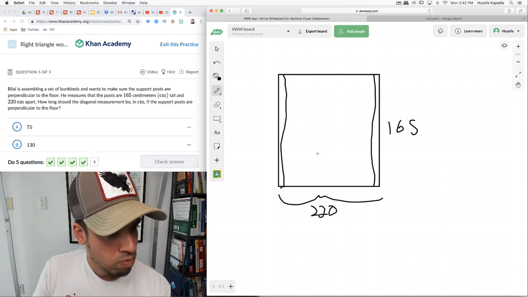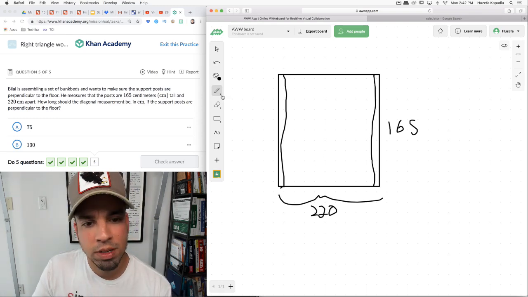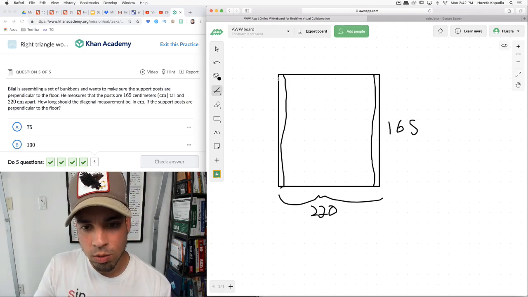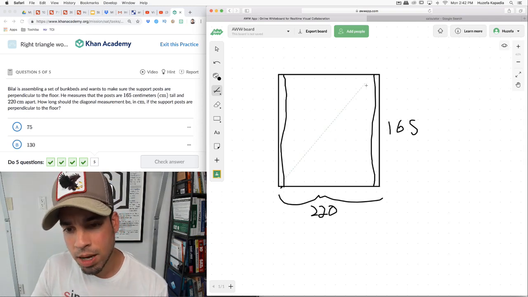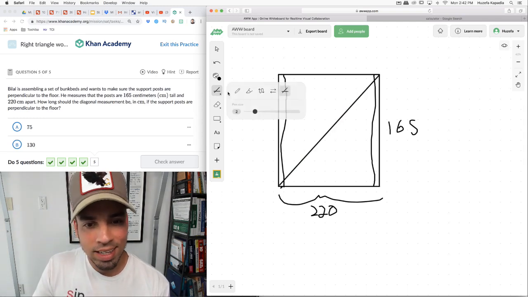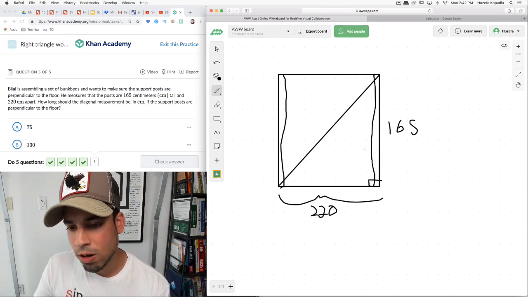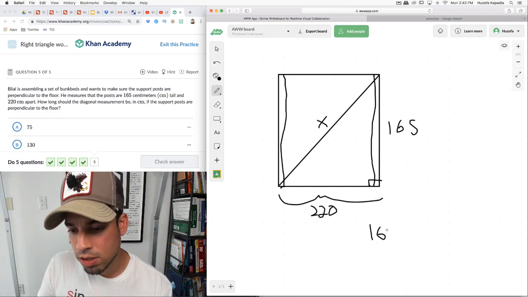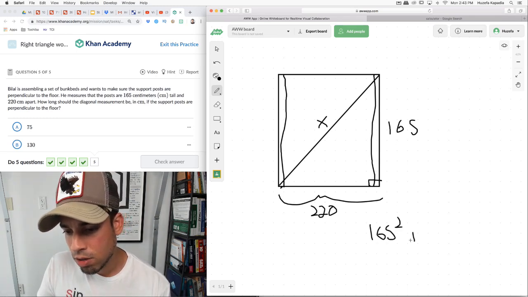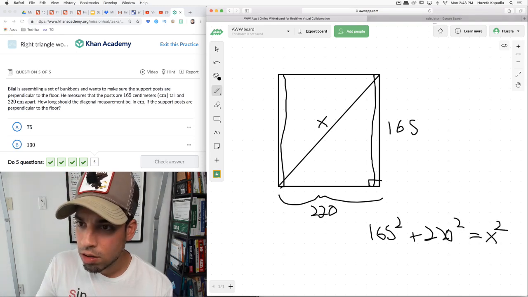All right. How long should the diagonal measurement be in centimeters if the support posts are perpendicular to the floor? Diagonal would come across like this. Or you know what? Let's do it the other way. Doesn't matter. But now we got, again, a nice right triangle. They're saying this has to be perpendicular, so it's a right triangle. And we want this value. So again, we use Pythagorean theorem, 165 squared. That's my A value. Plus 220 squared is my B value, equals x squared.